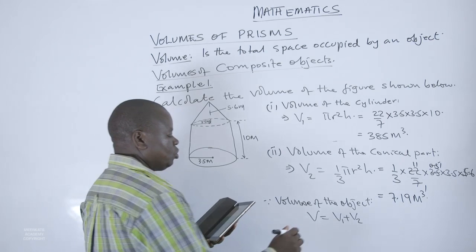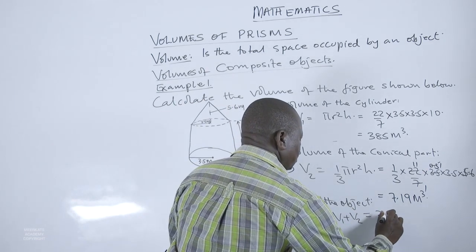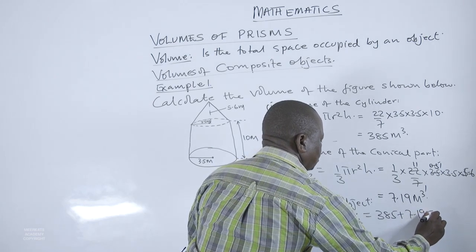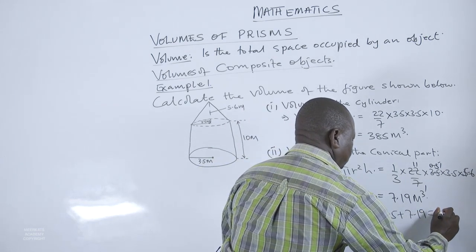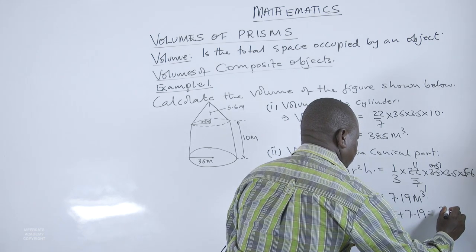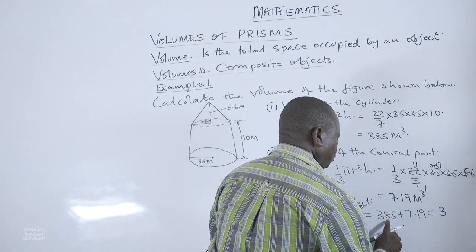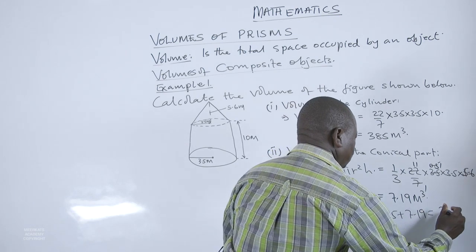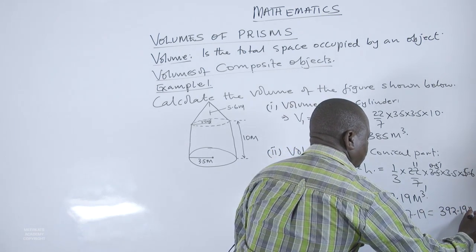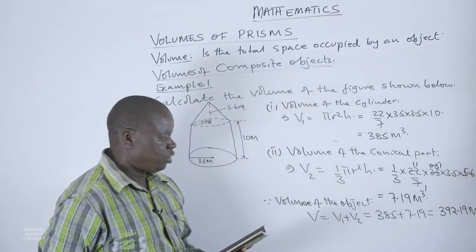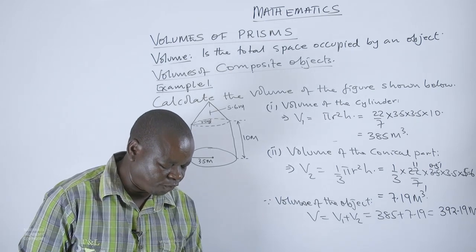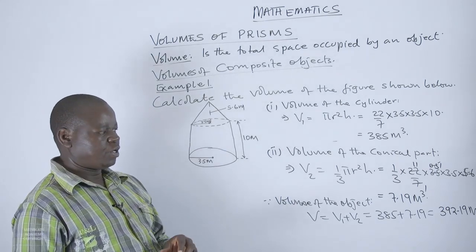V1 plus V2. You get 392.19 meters cubed as the volume of this particular composite object.